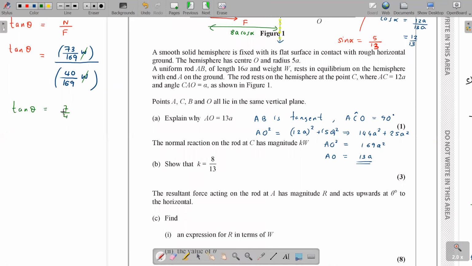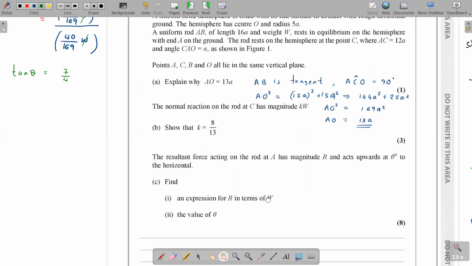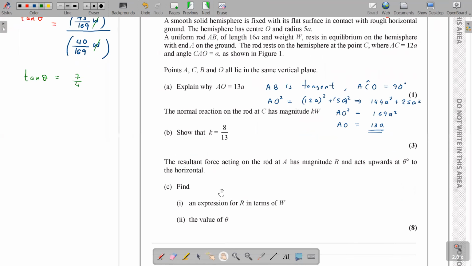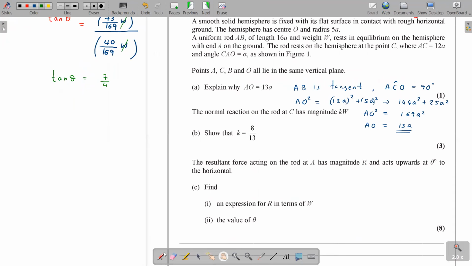Take tan inverse and they want the answer theta. We can give it to the nearest degree. They want the nearest degree. Okay, we can give it to 3SF. Tan inverse of 73 over 40 is 61.27967. When I correct it to 3SF, it's 61.3.